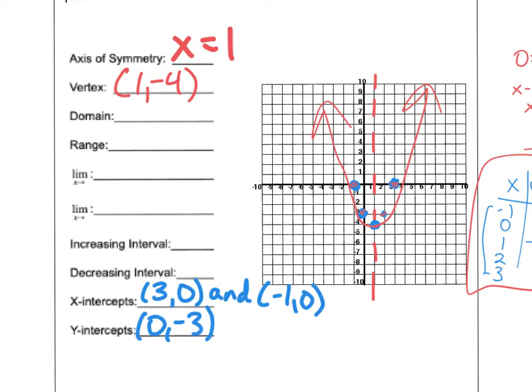We should be good on this. Domain on quadratics is always left to right, so yep. Remember that was always the case for quadratics. The range is my y-axis. This is going to start at -4 and go to infinity. Cool.